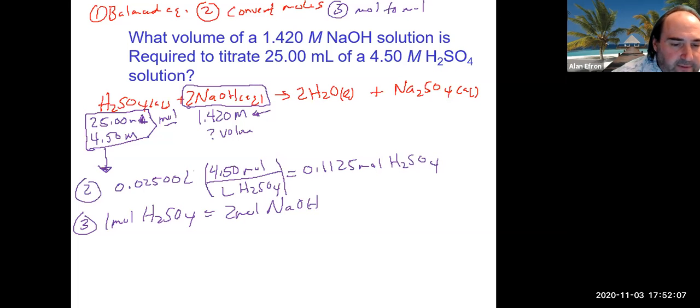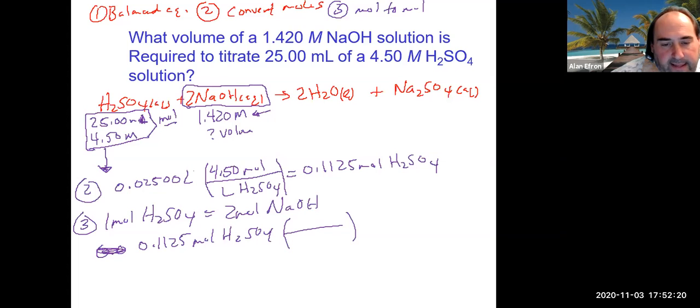So the next step is the stoichiometry part. We write 0.1125 moles of H2SO4, and that's 1 mole of H2SO4 to 2 moles of sodium hydroxide.